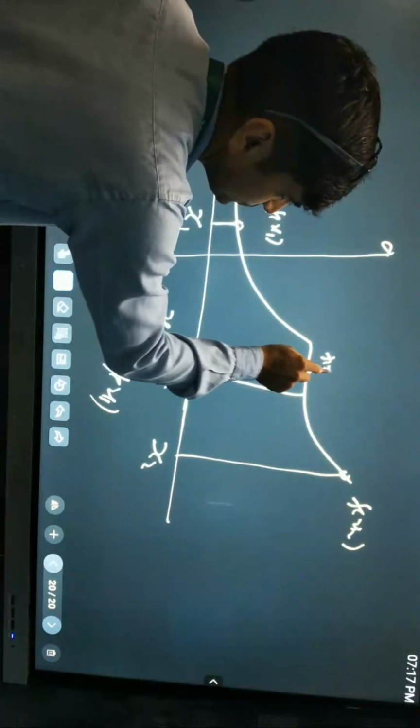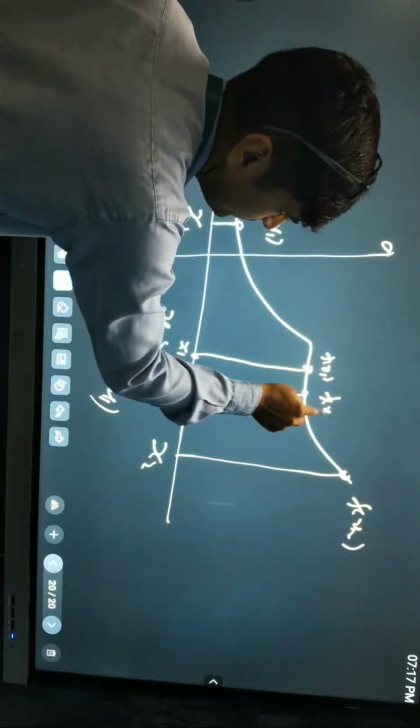Functional value above x1, functional value above x2.